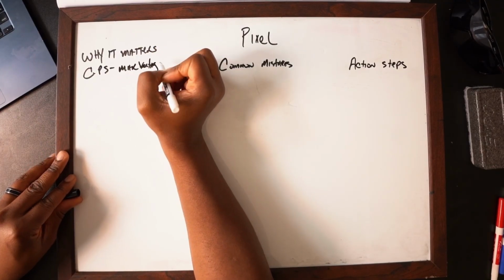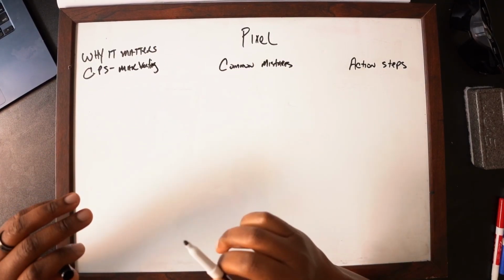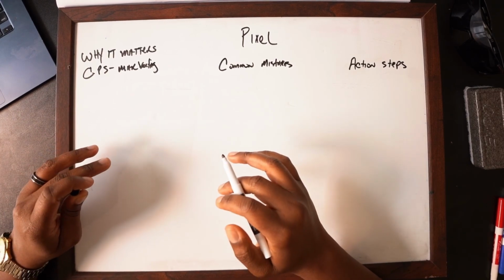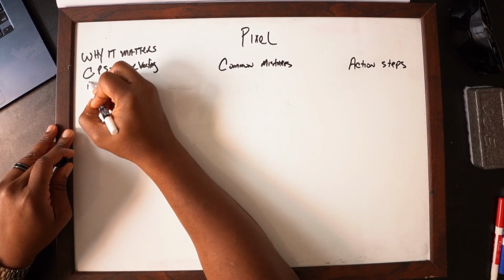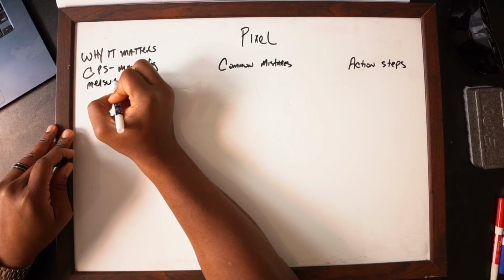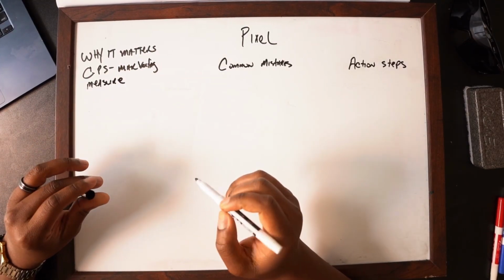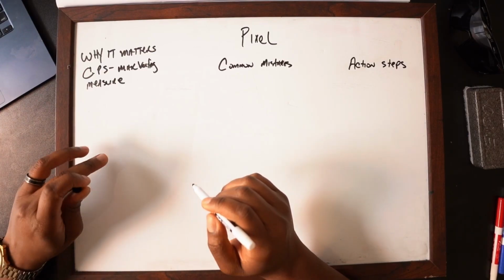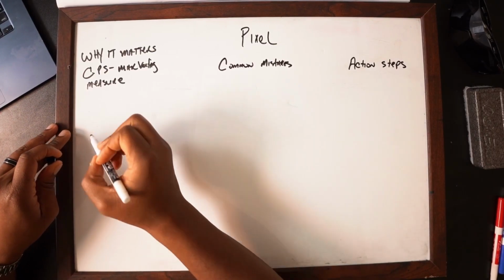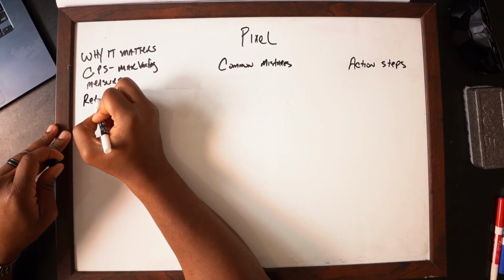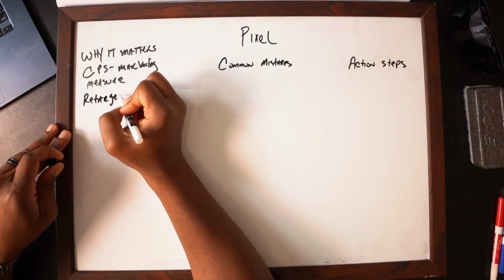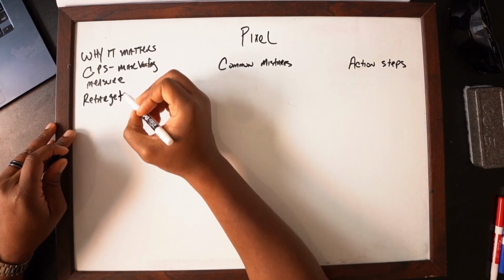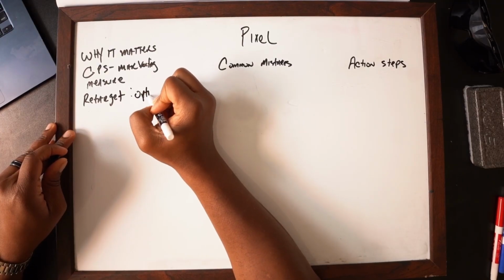So if you're thinking you're too cool and you don't have a pixel, you cannot scale anything if you don't know how to measure what's going on. So that's why it matters. Let me give you a couple tips on why it matters. You need your pixel to know how to retarget and to optimize.